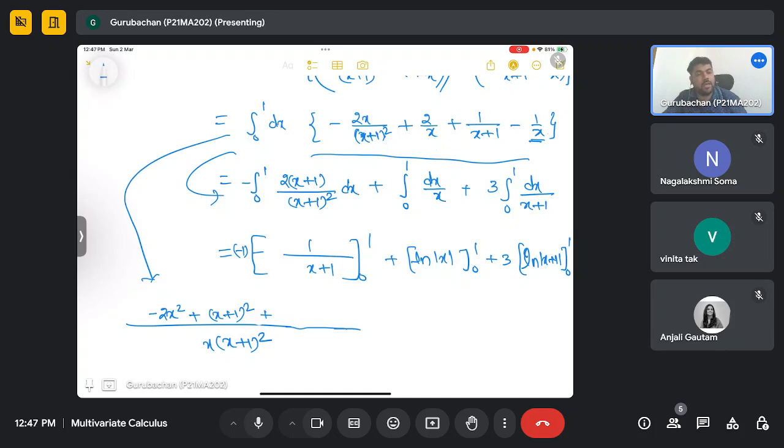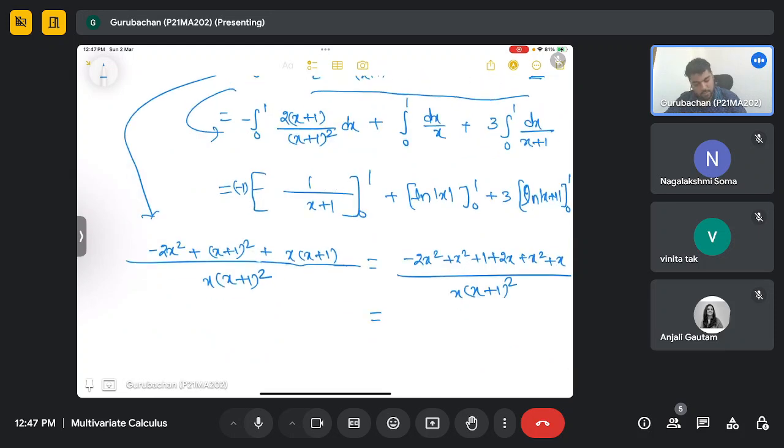Now the other part is x into (x plus 1). So what this is giving, this is giving minus 2x square, x square plus 1 plus 2x, and plus x square plus x divided by (x plus 1) whole square by x.